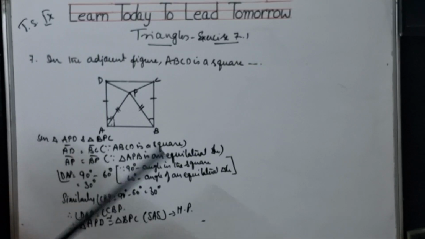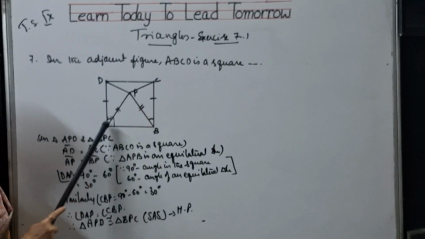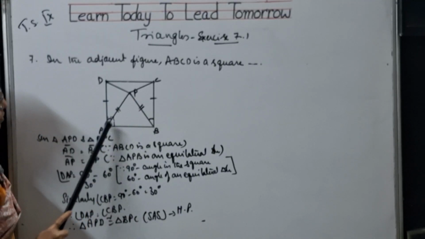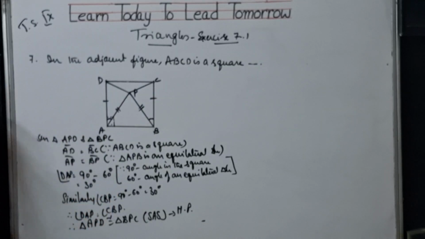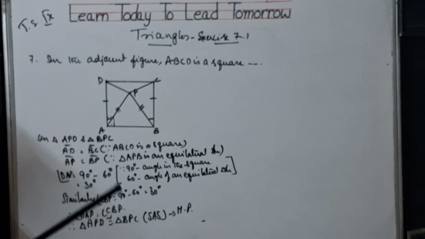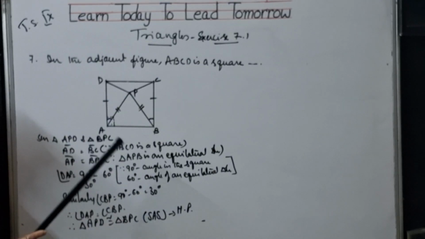The problem says that ABCD is a square and APB is an equilateral triangle. You have to prove that triangle APD is congruent to triangle BPC. So in these two triangles, AD is equal to BC because these are the sides of a square.